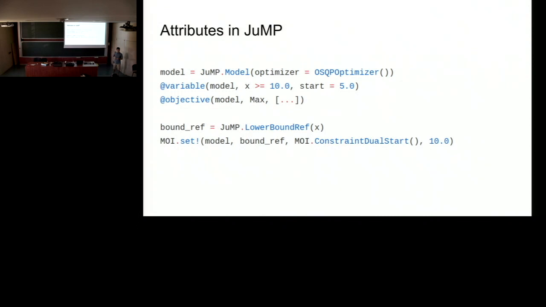That's the value of the constraint, the right-hand side equals 10. Right. So that bound ref now recognizes the bound as a constraint. Yeah, but we need some syntax which is straightforward.